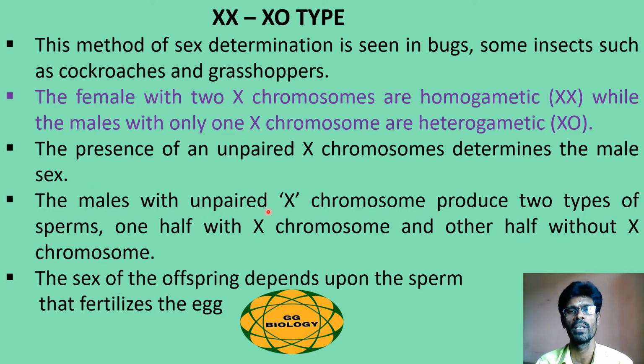The males with an unpaired X chromosome produce two types of sperms, one half with the X chromosome and the other half without the X chromosome. The sex of the offspring depends upon the sperm that fertilizes the egg.